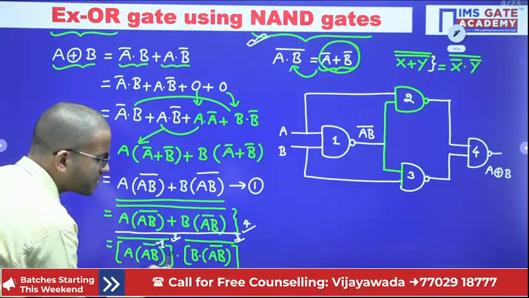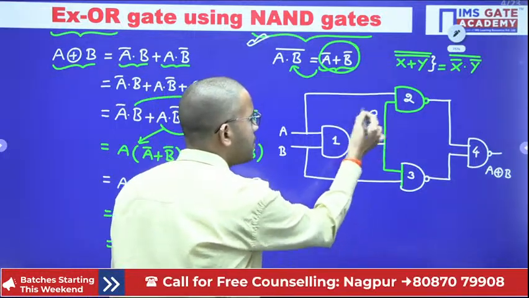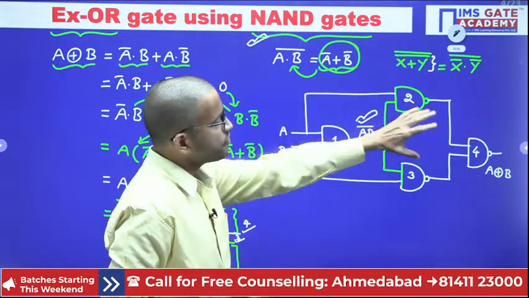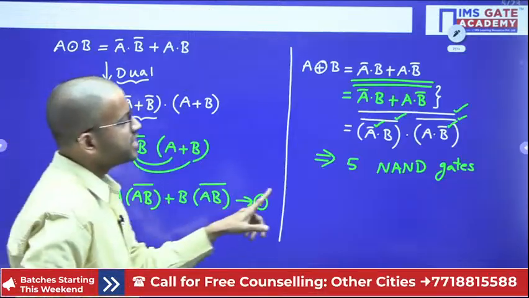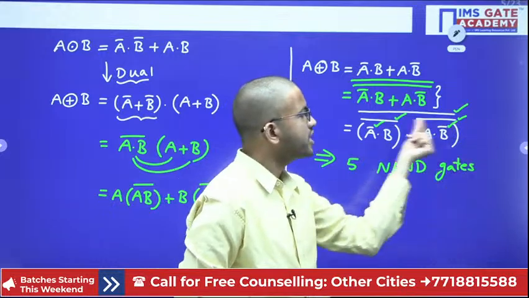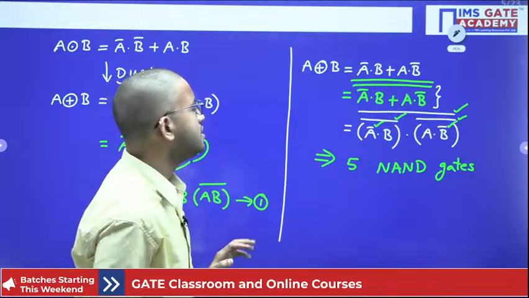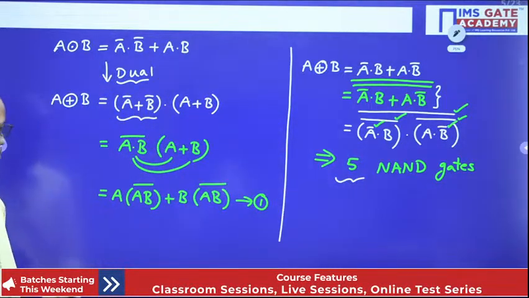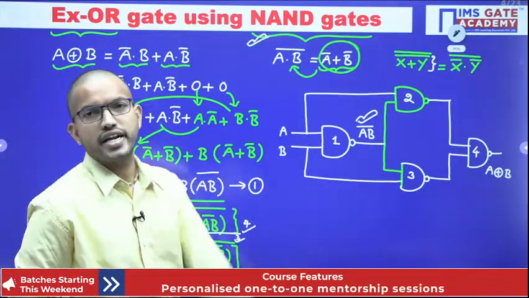The same term was present, so if you implement AB bar one time, we reduce one NAND gate. But in this particular expression, for A bar we require one NAND gate and for B bar one NAND gate, so we require one more additional gate. Whereas if you do the manipulation like this or like this, you require only 4 NAND gates.